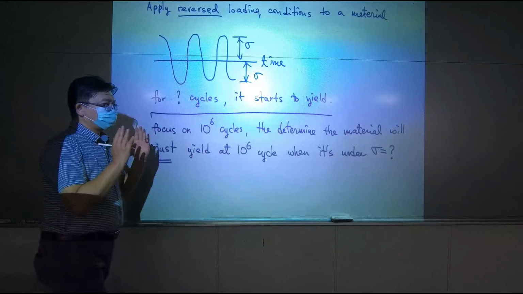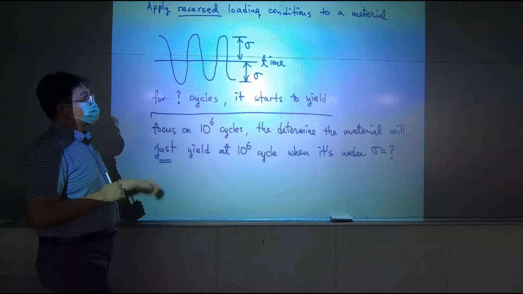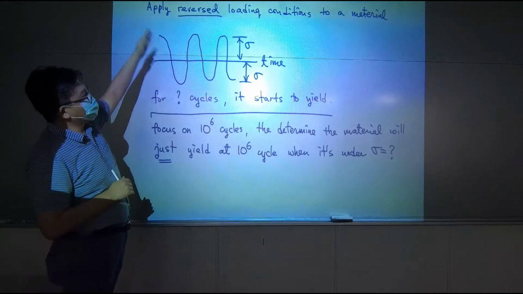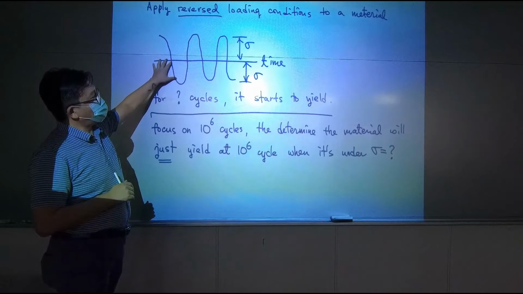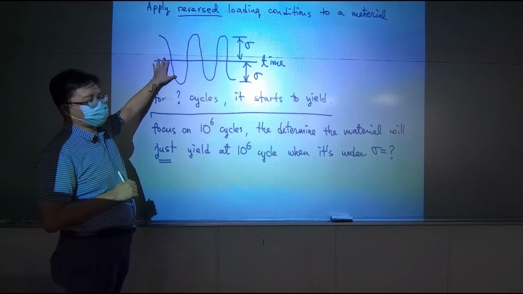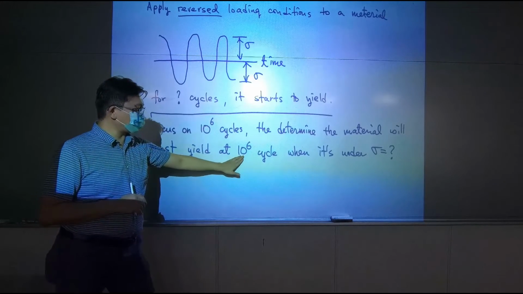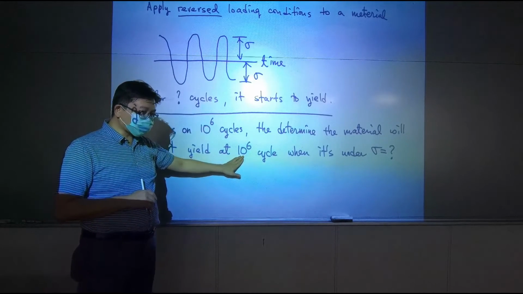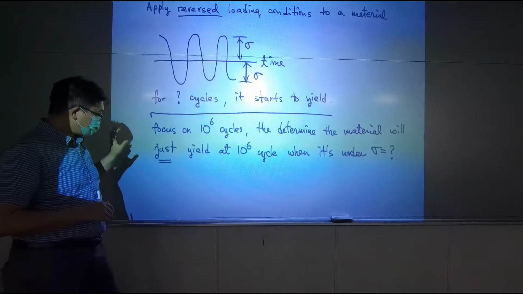And when they apply that value of stress reversely to the material, like a fluctuating loading condition like this, right at the 10 to the power of 6 cycle, the material is about to yield.